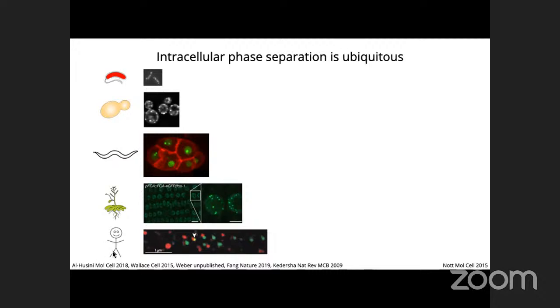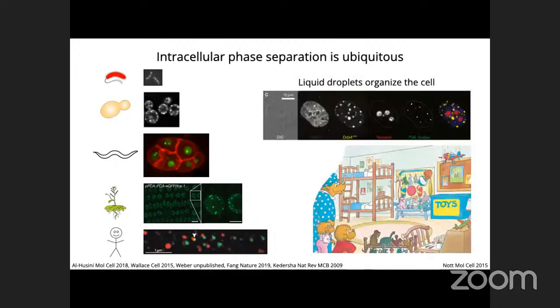And there are examples in humans, in yeast, in plants, they're everywhere. And so then the question is, what do they do? They are so ubiquitous, it's not just membranes that organize the cell. We are rewriting textbooks. Membraneless organelles, phase separation is a fundamental and essential process that organizes cells. So that's the punchline if you take anything away from tonight.